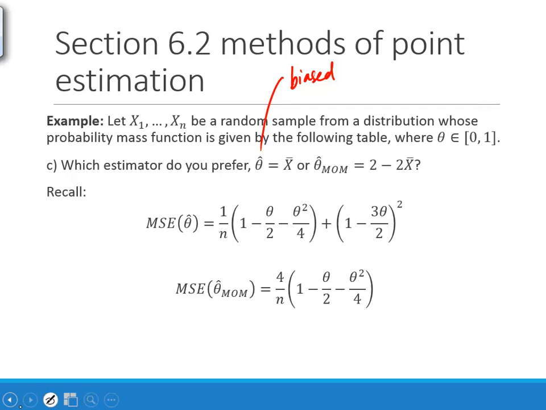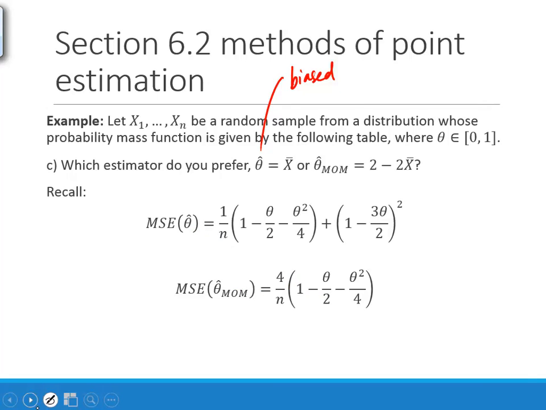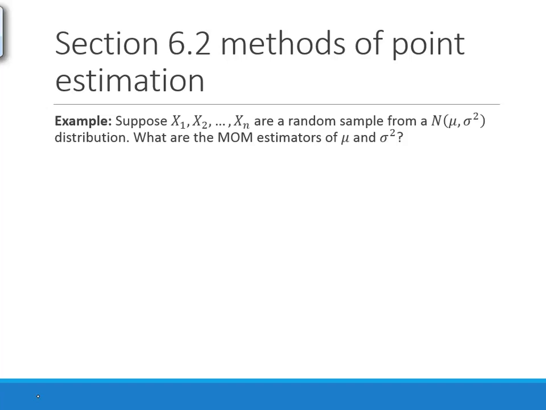But the main point of this last part of this example is that if I ask you to choose between two estimators, here are your two criteria. You can talk about which one is biased or which one is unbiased. If they both happen to be unbiased, then you definitely want to use the mean squared error as a criterion, so look at which one has smaller MSE. Those are your two ways of choosing between estimators.